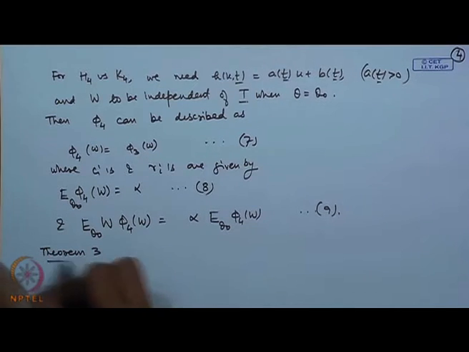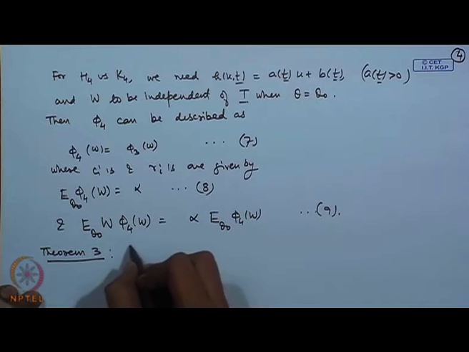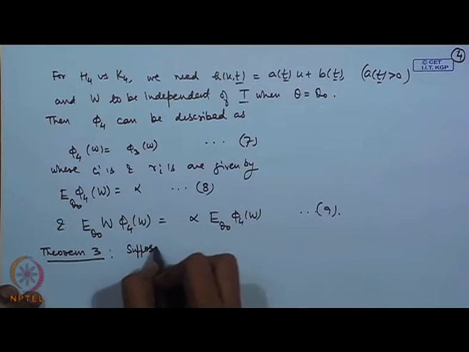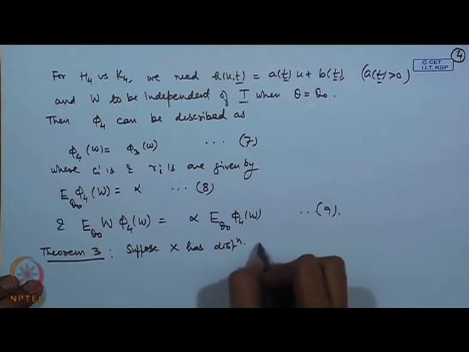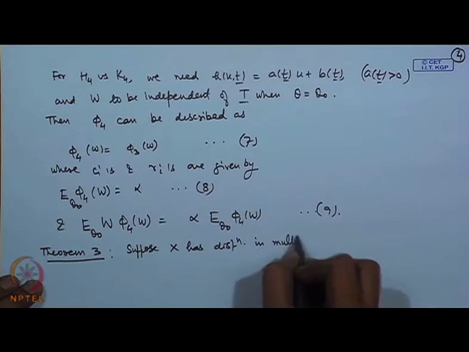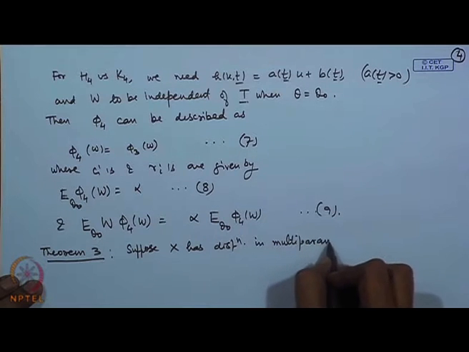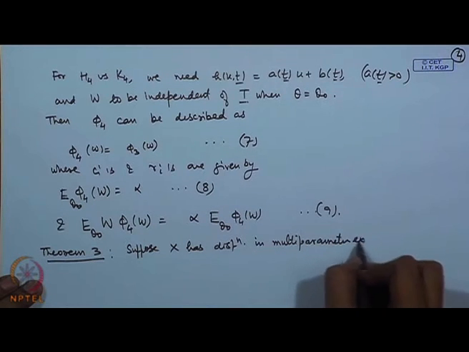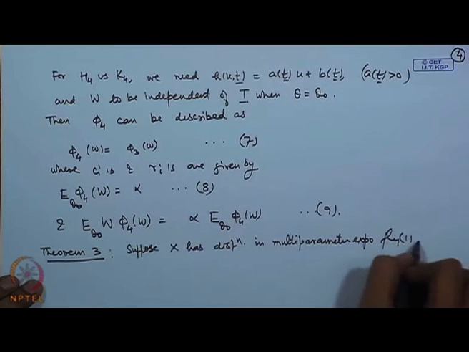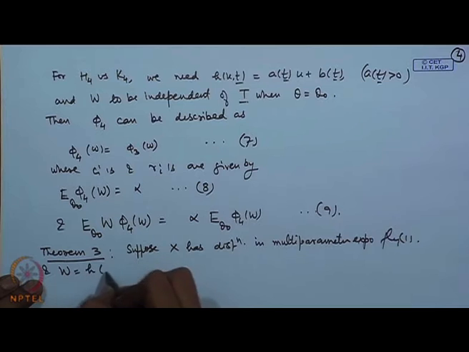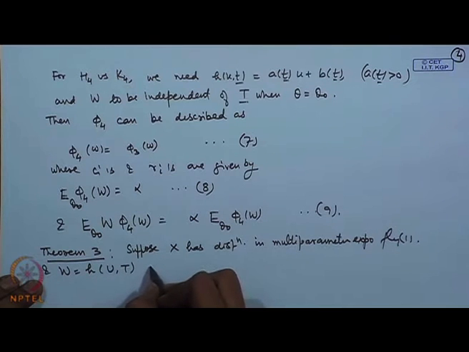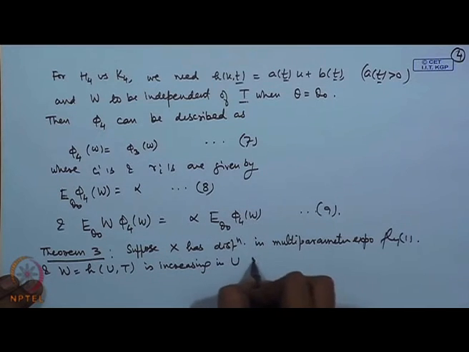Let me call it theorem 3. Suppose X has a distribution in the multi-parameter exponential family, and W is equal to h of u, t is increasing in u.